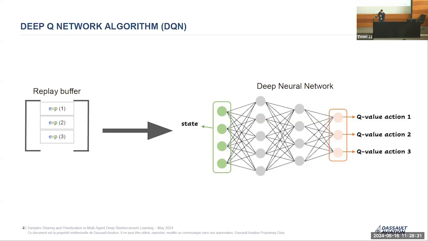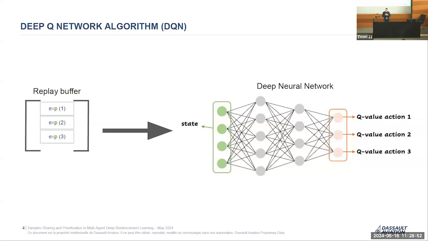So the idea of this work is to say, okay, we are working on a collaborative task. We have M agents, for example, and all agents have collected a certain number of experiences through the interactions with the environment.